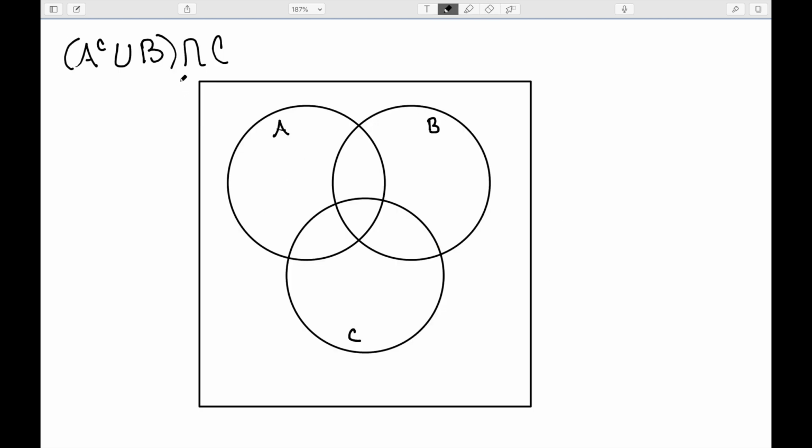Let's start to consider three sets. A complement union B, intersect C. We should always start with what's inside the parentheses. A complement union B. So I need everything that is not in A for the A complement.